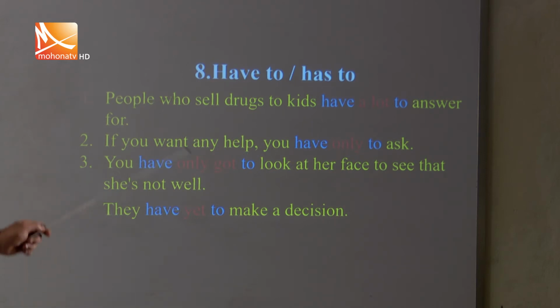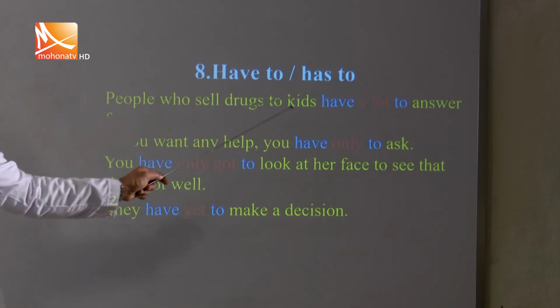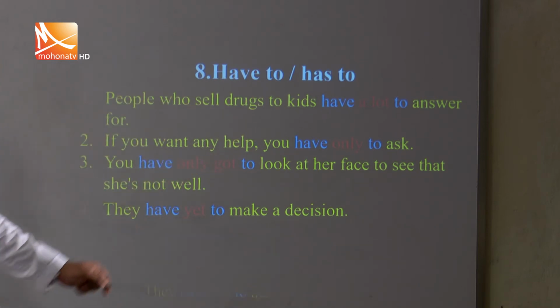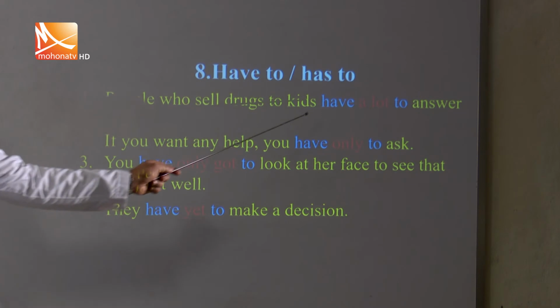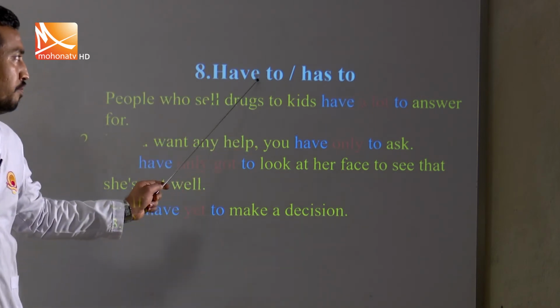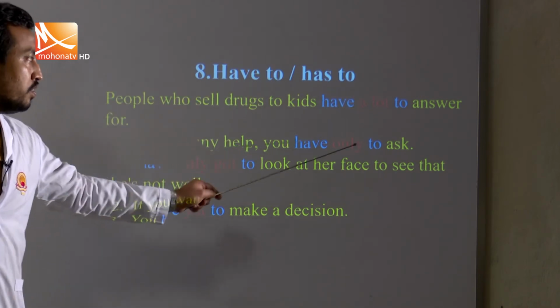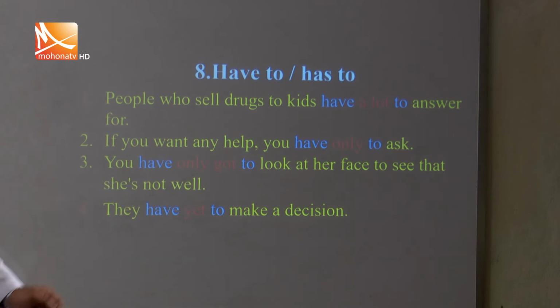Look at this. People who sell drugs to kids have a lot to answer for. So, we can use some words between have and to, like a lot, only, got, like this. Some specific word we can use between have and to.